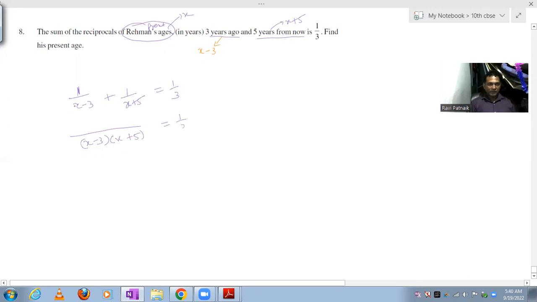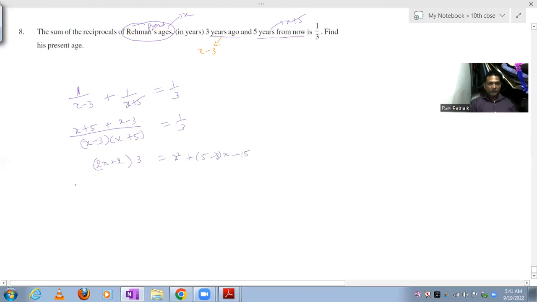So x plus 5 here, plus x minus 3. So this will be 2x plus 2. This 3 transpose this side and multiply. x into x is x squared, plus 5 minus 3 into x, minus 15.